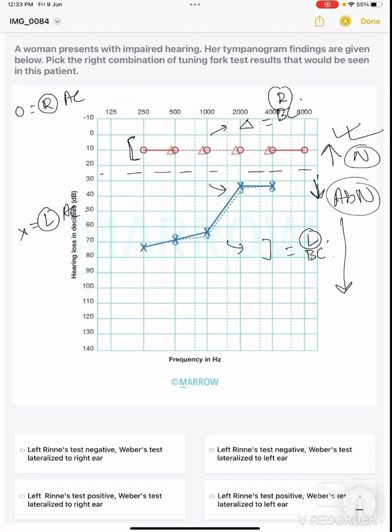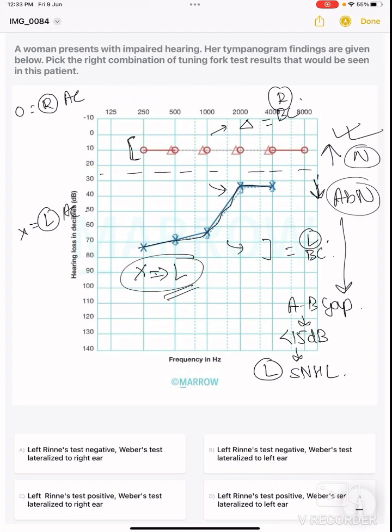Now what do we see after that? We see the AB gap. We only look at the blue graph because it is abnormal. The AB gap is of course less than 15 decibels, so it must be a case of SNHL. And the blue graph is of the left side ear. How do we know it is the left side ear? Because the markings are X. If the markings are X, it was given for left side air conduction, so left sided SNHL.